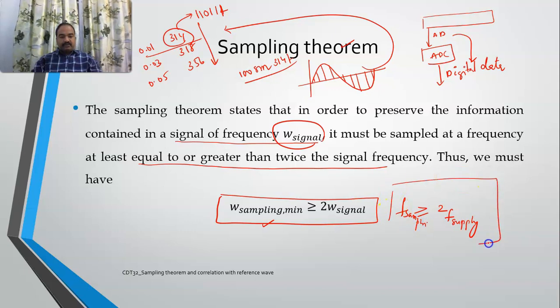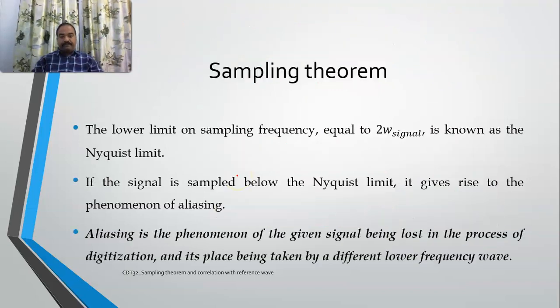This is the condition of Shannon's sampling theorem. This lower limit, the minimum, must be 2 f signal. This is given by the Nyquist limit.